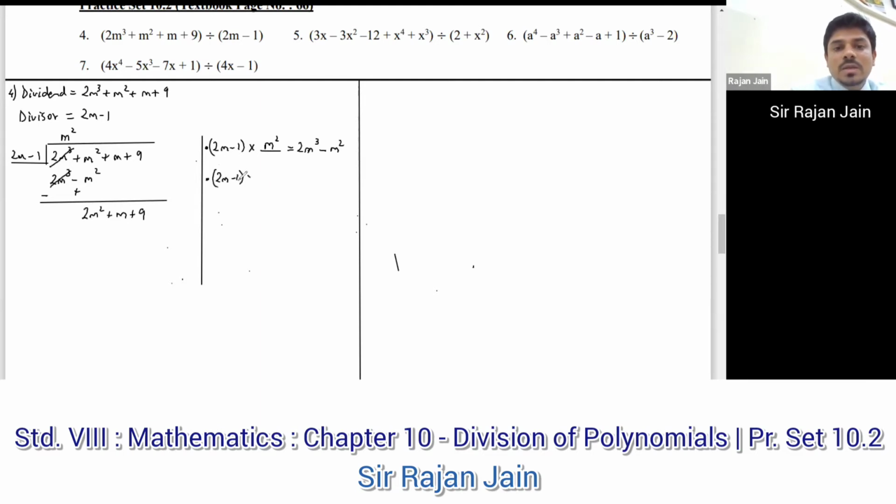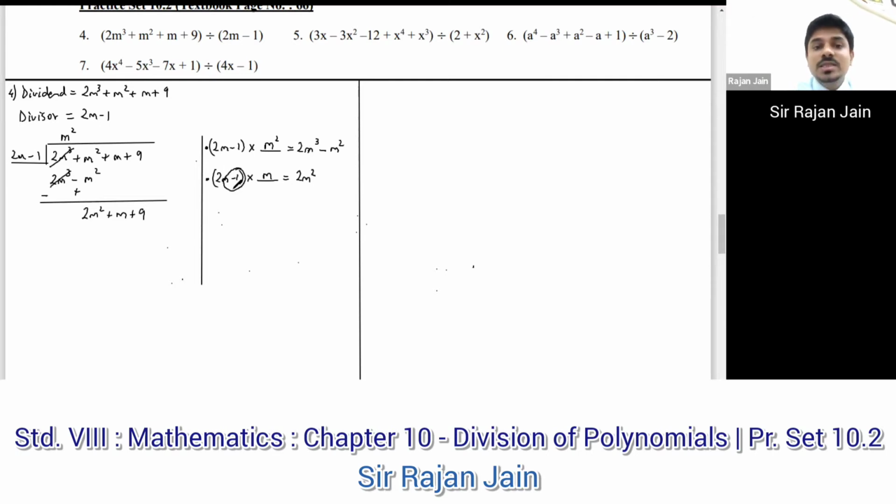2m minus 1 multiply by something so that you should get 2m square. 2m square किधर से आया? The first term of your dividend has to be the target as usual. Okay. अभी number part में there is no change required. Variable में ये m I want to make it m square. So m into m will give me m square. So basically 2m into m, 2m square तो मिल गया.